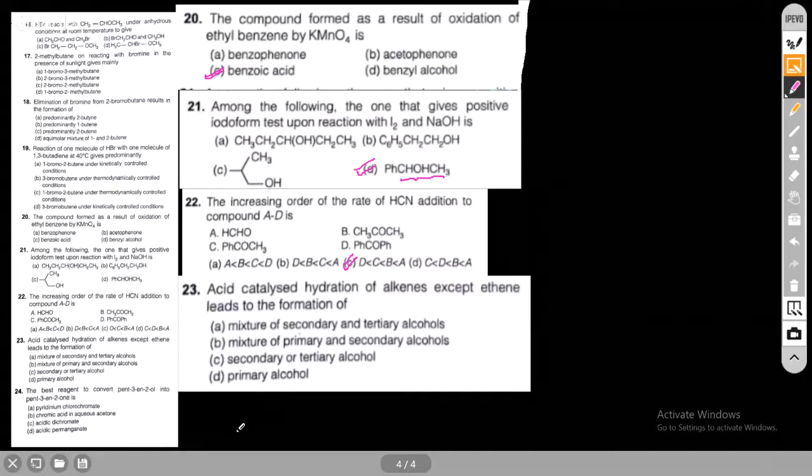We'll get secondary and tertiary alcohol in this. What happens if you take H plus and H2O?